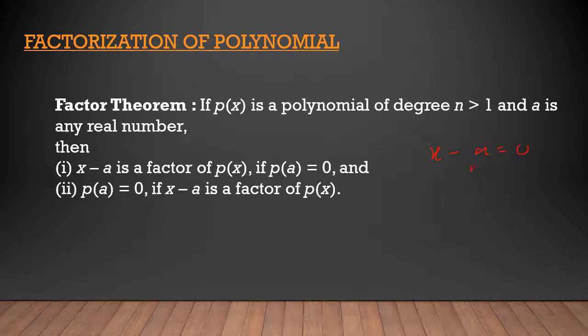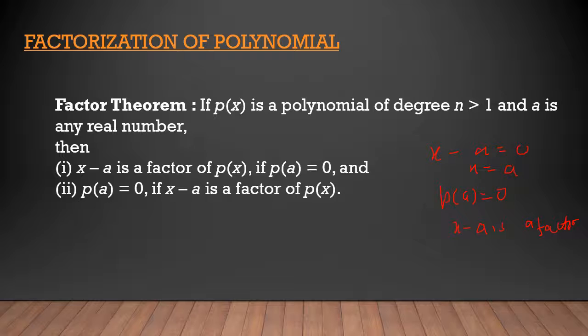since x equal to a, if we put the value of a into x, then we will get p of a equal to 0. It means x minus a is a factor. So this is a very easy thing, you can easily understand it.